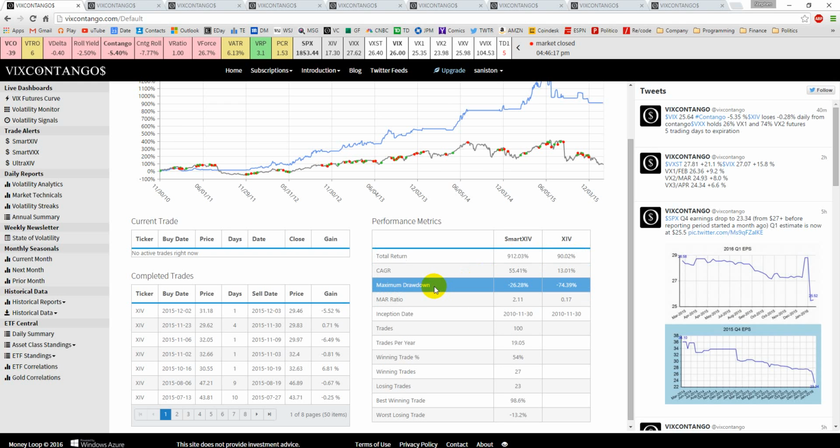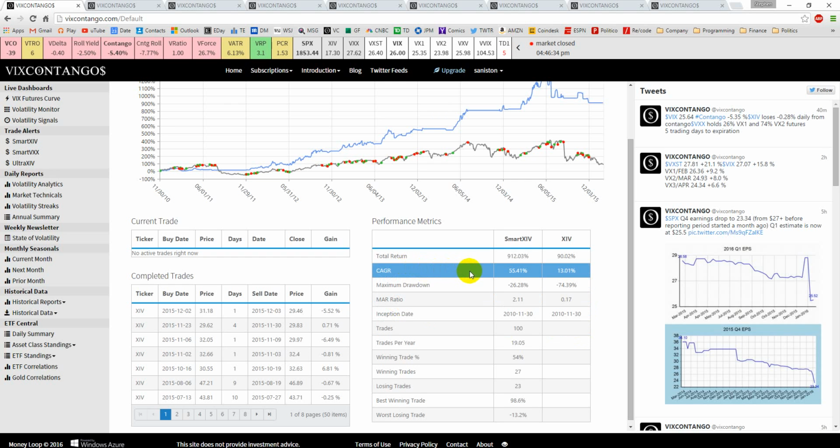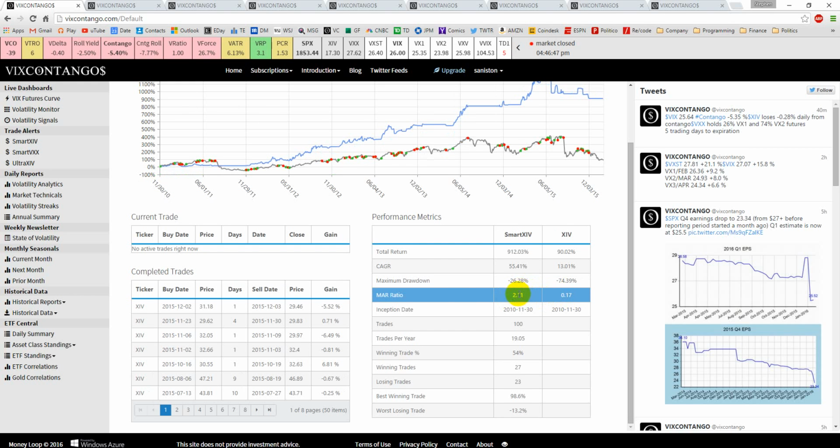Then you get to see the maximum drawdown the strategy incurs, in this case 26% versus 74% for the XAV. This is the MAR ratio, which essentially divides the CAGR by the maximum drawdown, and a higher value is good. The Smart XAV has a much better MAR ratio versus the XAV.